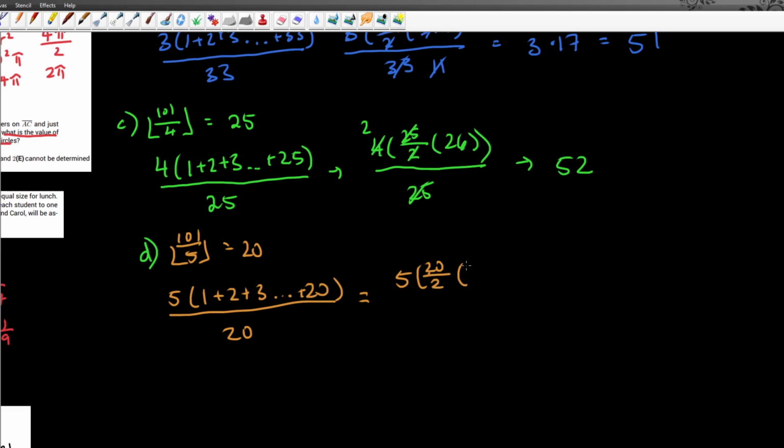And then a of 1, 1. A of n, 20. 21. Add them together, we get 21. We divide this. So this will get 10. This will be equal to 50 times 21 all over 2. Did I do something wrong here? This seems too big.